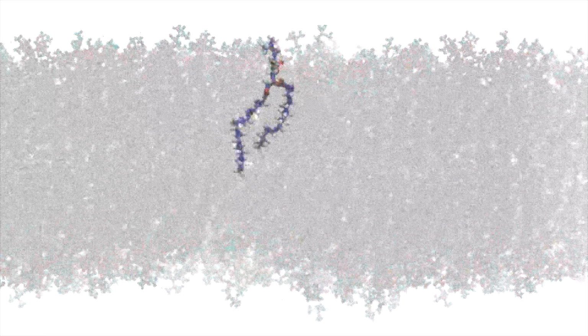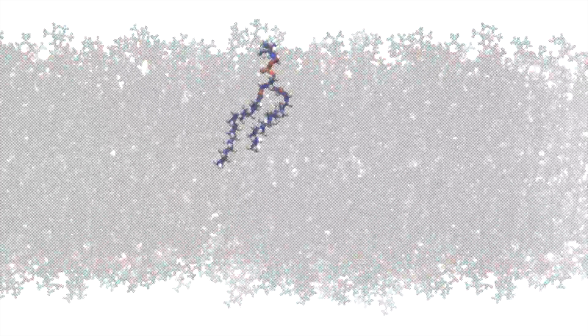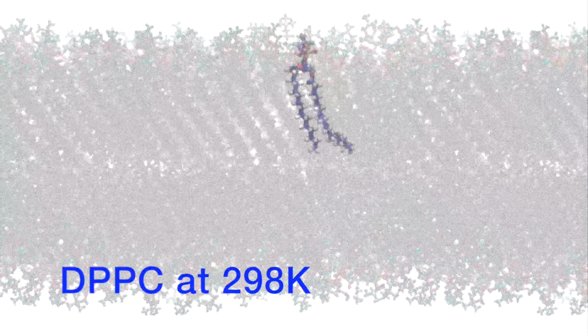In the animations, we show just the lipids and highlight one typical lipid to show its behavior. At 323 Kelvin, a temperature well above human body temperature, we see that the tails are bending and extending rapidly. In fact, this movie is in slow motion. Real lipids move a billion times faster. Upon cooling to a temperature of 298 Kelvin, we see that DPPC exhibits its solid or gel phase. The phospholipid tails are lined up and remain straight.